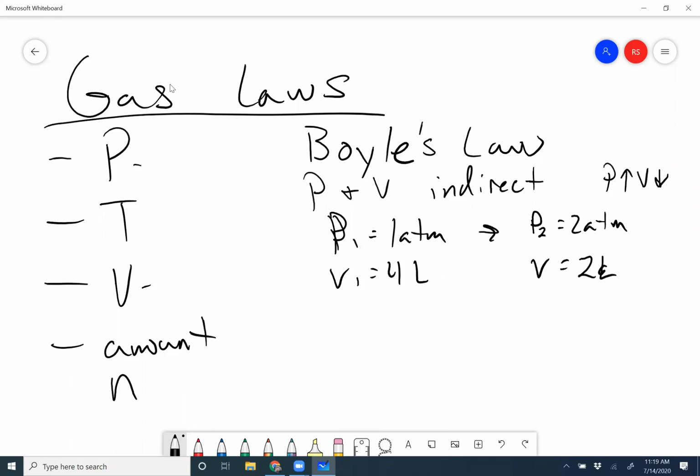And Boyle mathematically shows this relationship in a simple multiplication equality, where if we set these two situations equal to each other, for them to maintain their equality, one will have to go up, the other one will have to go down by that same ratio.